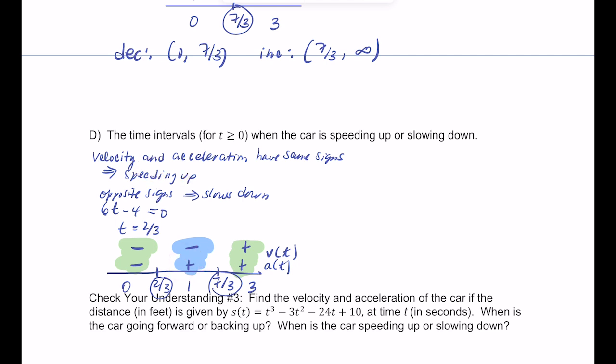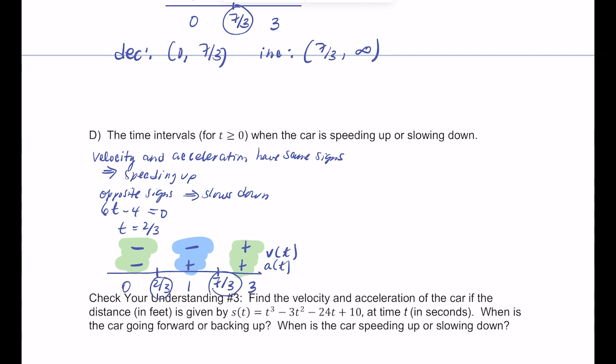So if I was to interpret this, it would tell me that the car is speeding up for the first 2/3 seconds, right? And after 7/3 seconds, so after 2.3 seconds, it's going to speed up again. So it speeds up and then it slows down between 2/3 and 7/3, and then it speeds up again.